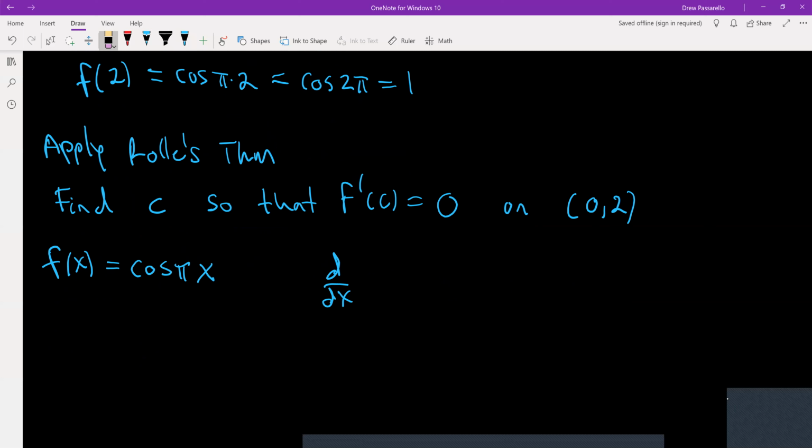So cosine of u, the derivative of cosine is negative sine, so it'd be negative sine of u times u prime, where u is the inside function. In this case, u is pi times x. So u prime, the derivative of x is 1, so it's pi times 1, which is pi. So u prime is pi.